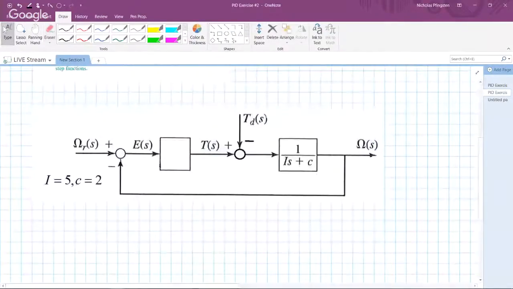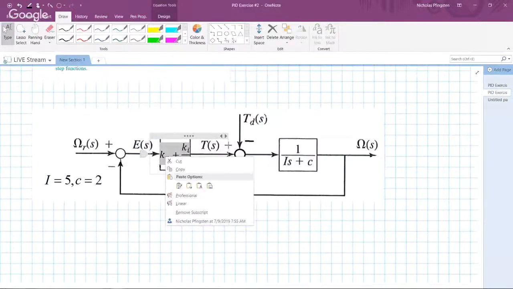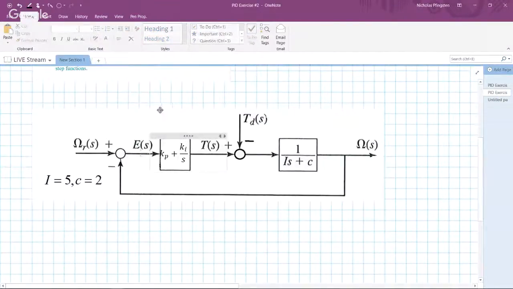So I'm just going to copy and paste it. That is on my other screen. So this is what needs to go inside here. Could be a little smaller. I'll make it smaller. All right, there it is. So that's that control block.